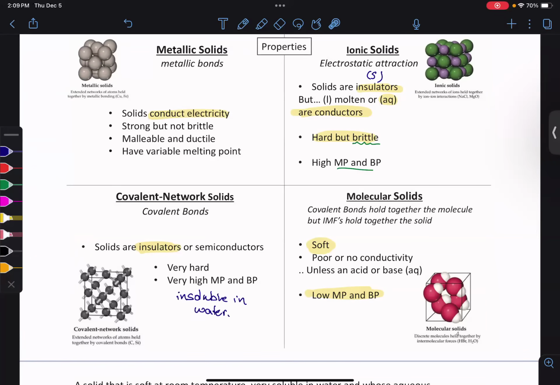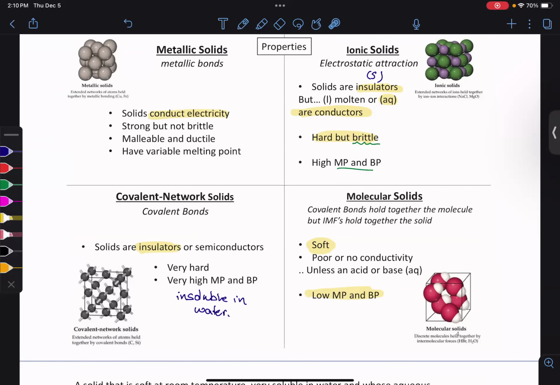They're stuck there. But once you dissolve salt, it conducts electricity because now those ions are free to move in water, right? If you melt it and make it molten in the liquid phase, now those ions can freely move. In the molten state, salt also conducts electricity, but in the solid phase, it does not. And that's very important here.